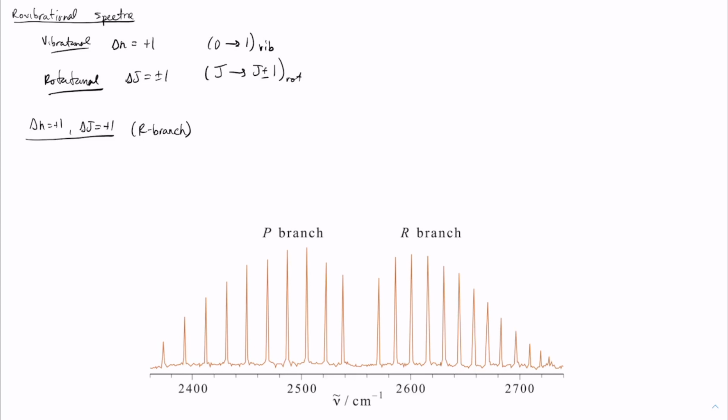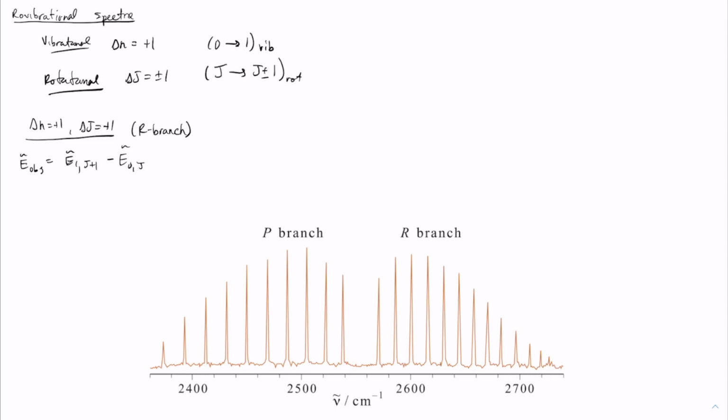And the energy that you observe from these transitions, in wave numbers, is equal to the energy of your final position, which would be the energy you get from n equals 1 and j plus 1, minus the energy of the ground vibrational state and the jth rotational state.